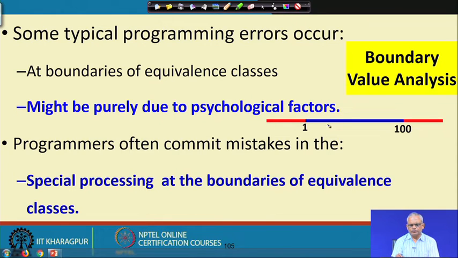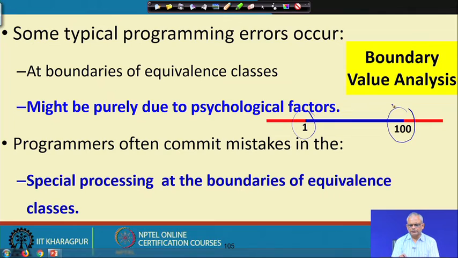Here there is one valid set of values which constitute an equivalence class, one invalid set of values constituting an invalid equivalence class, and another invalid equivalence class. The programmers are likely to commit errors at the boundary here.